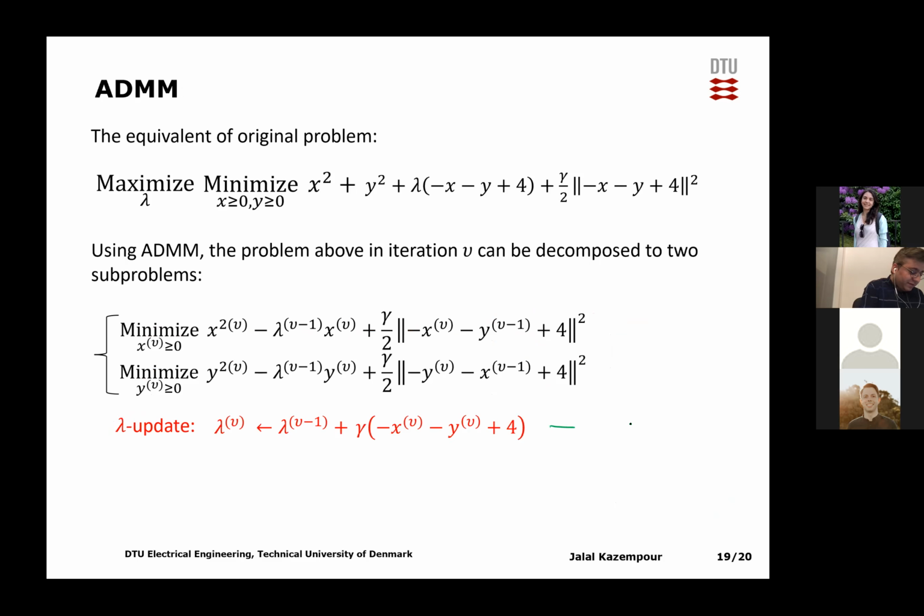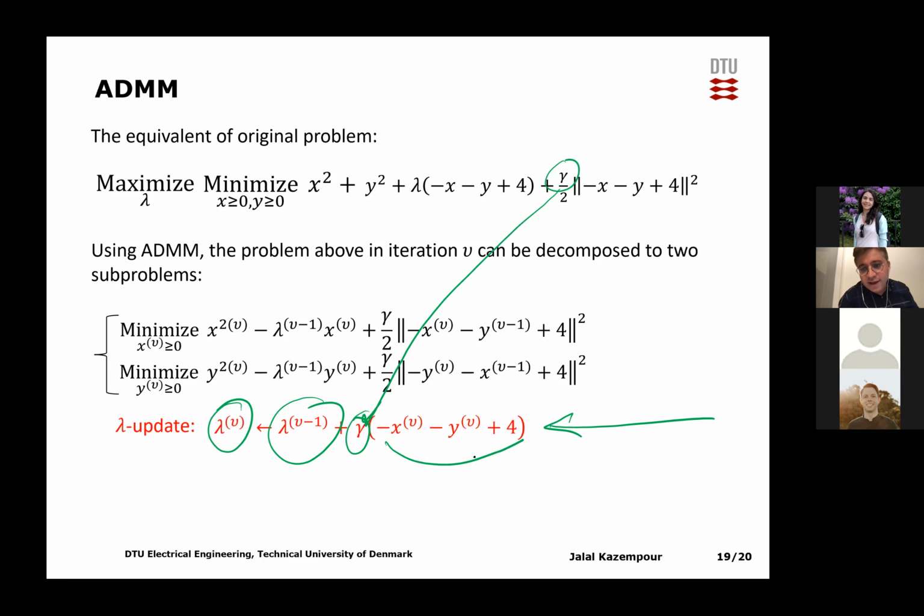Okay, what about lambda, the dual variable? It's simple. Our lambda in the current iteration is the one in the previous iteration plus the same gamma that we had times our complicating constraint. So at the optimal point, this term is equal to 0.